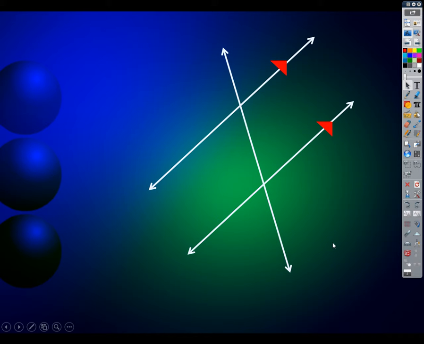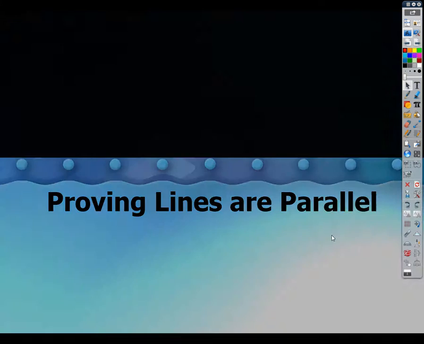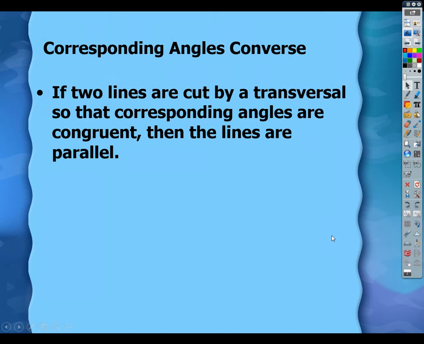Okay, so let me just get through all this stuff. Okay, proving lines parallel. Now, this is something I just want to point out to you. There's two versions of each of those postulates and theorems that we talked about. I want you to think back to the ones we just went through real quickly. We went through the corresponding angles postulate first, and then we did the alternate interior angles theorem, alternate exterior angles theorem, et cetera.